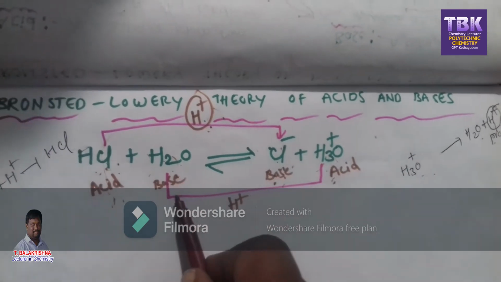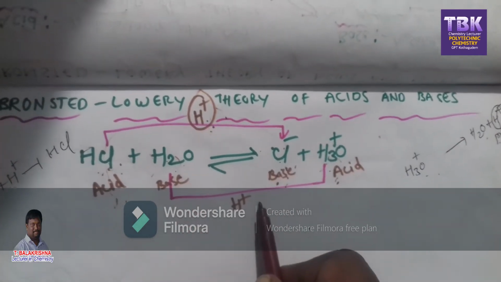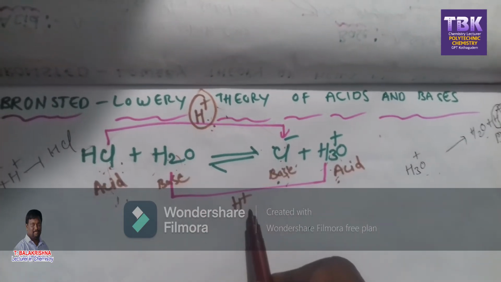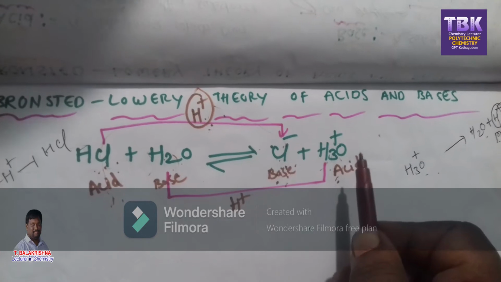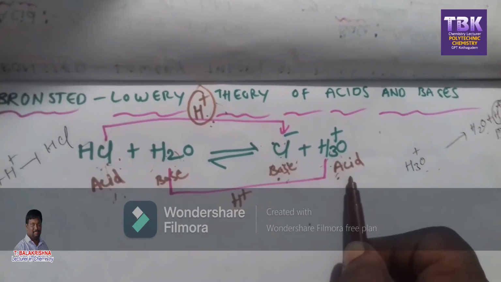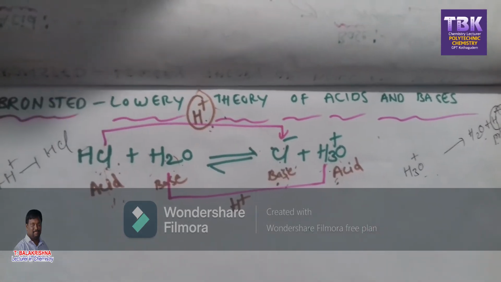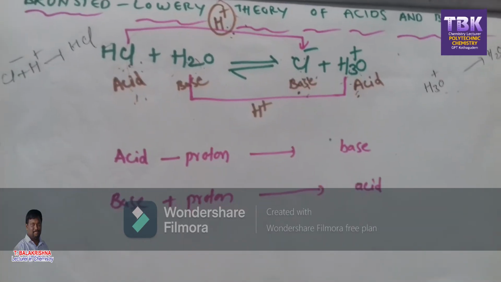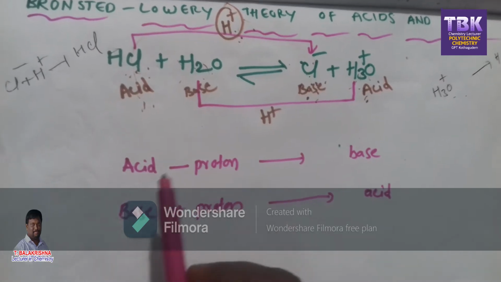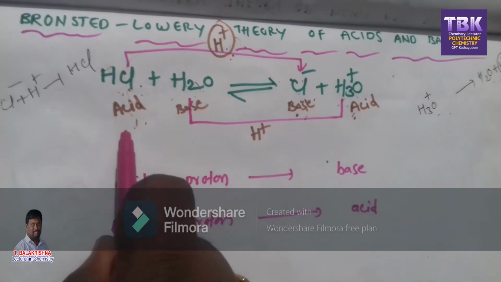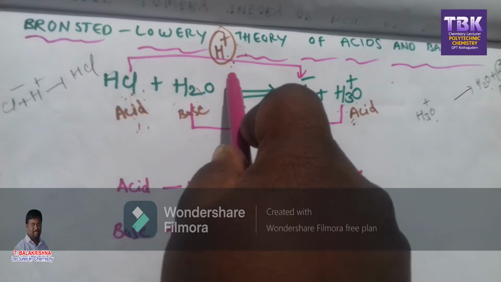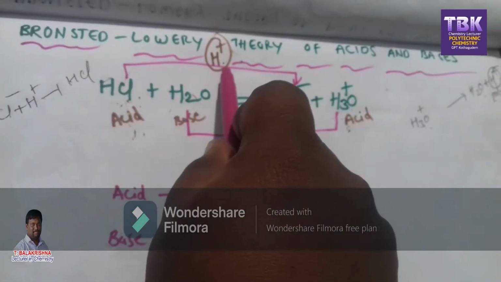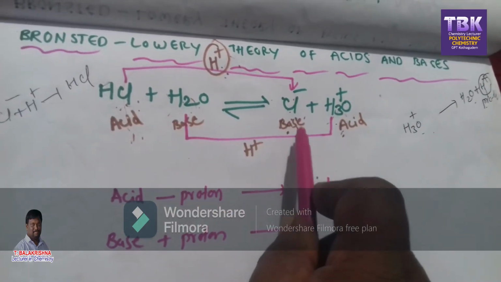See, H2O has basic nature. When it accepts the proton, it is converted into an acid. That means when a base accepts the proton, the product shows acidic nature. Okay, right? So in this equation, when the acid loses the proton, the product shows basic nature.